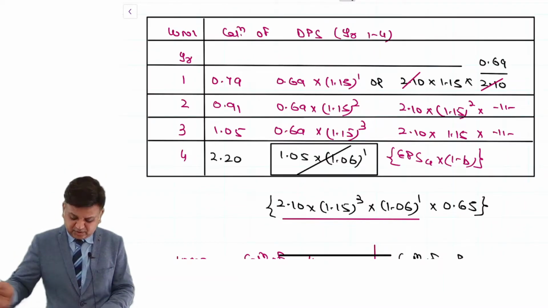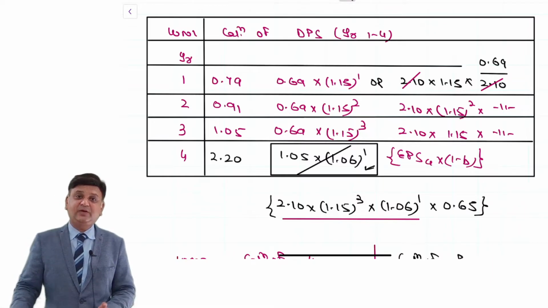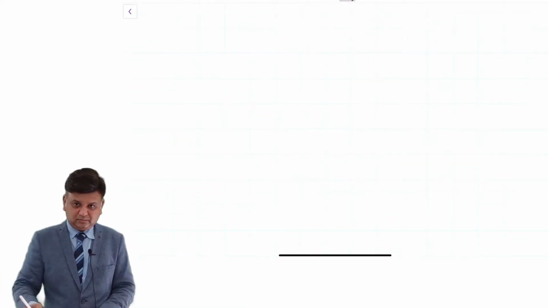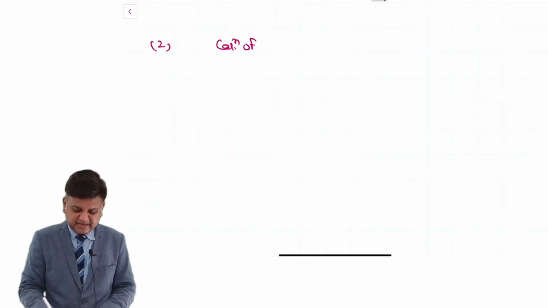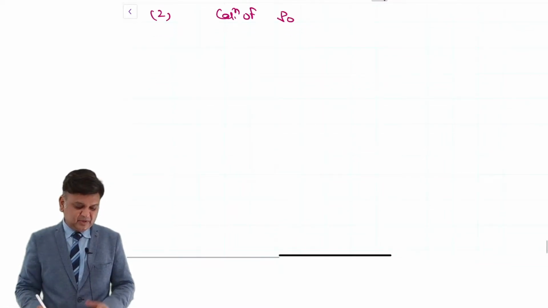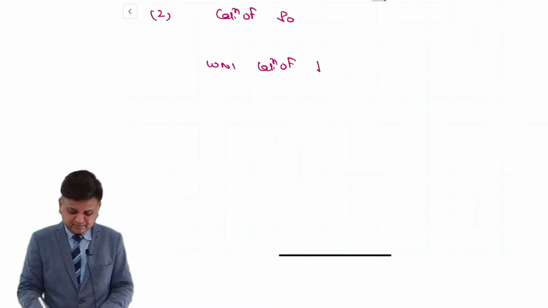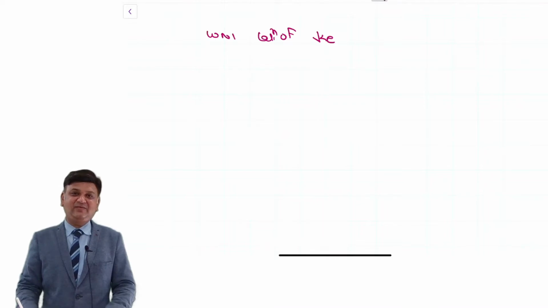Friends, importantly we understand that we can go with this method only if the dividend payout ratio is the same. So the answer of the second question, calculation of P0, because the second part of the question is P0. So working note number 1, calculation of K, because now for the first 3 years the beta of equity is 1.40.